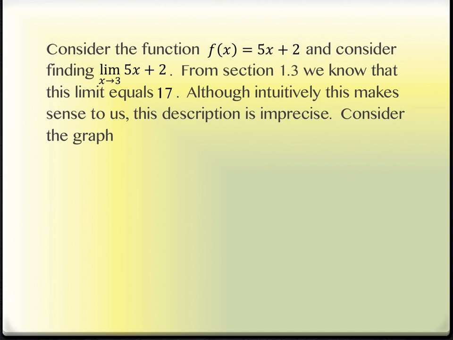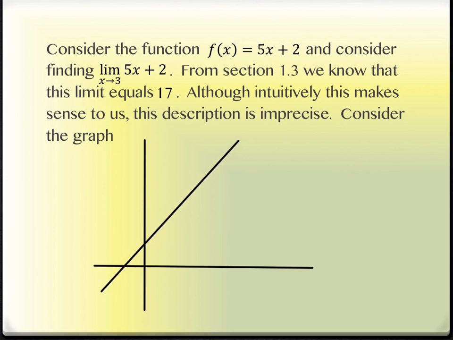Okay, so we're going to start by drawing the graph. We've already described what the graph looks like, at least approximately. It's just going to be a sketch kind of graph, but it'll be good enough. It crosses at 2, and it has a slope of 5. So here's 2, and it has a slope of 5.